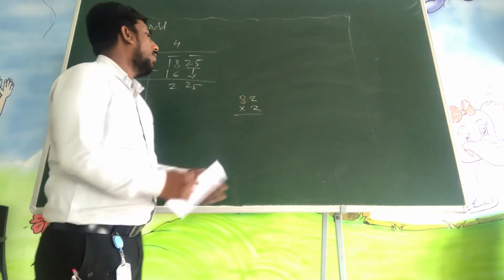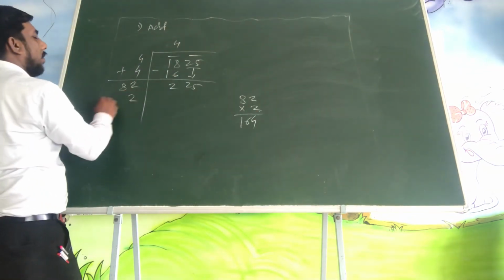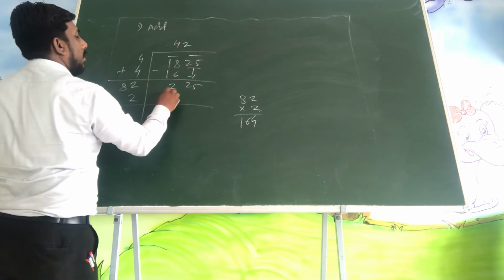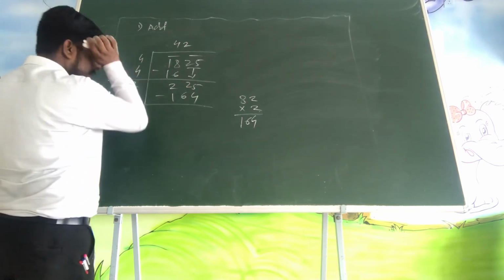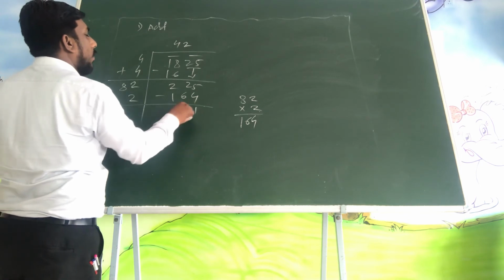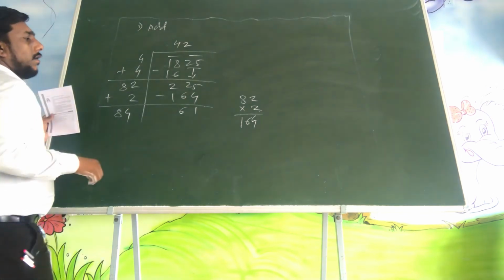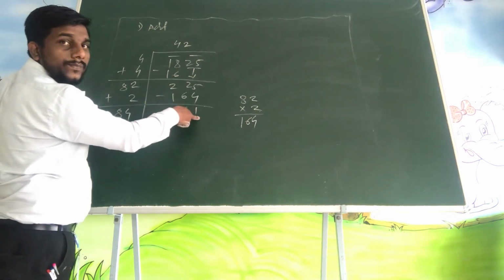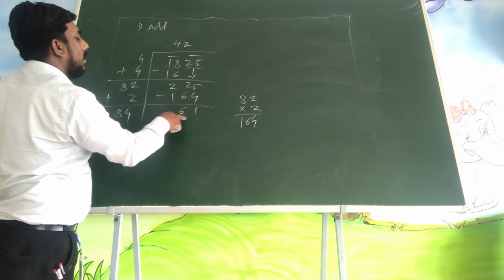82 into 2 is going to come 164. Subtraction of 225 minus 164 is 61.